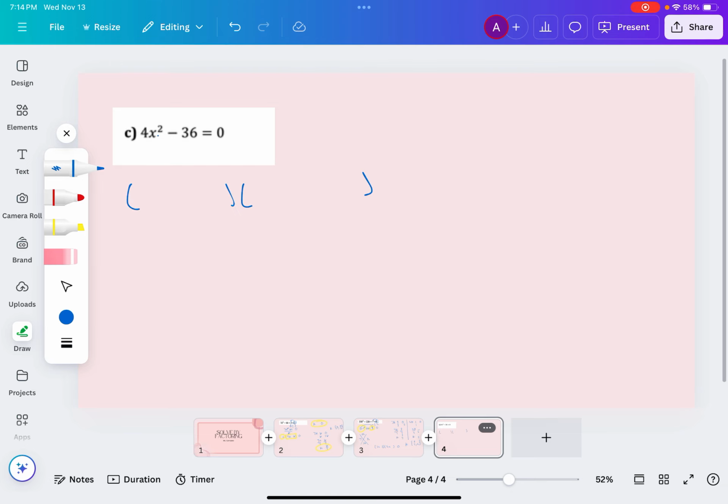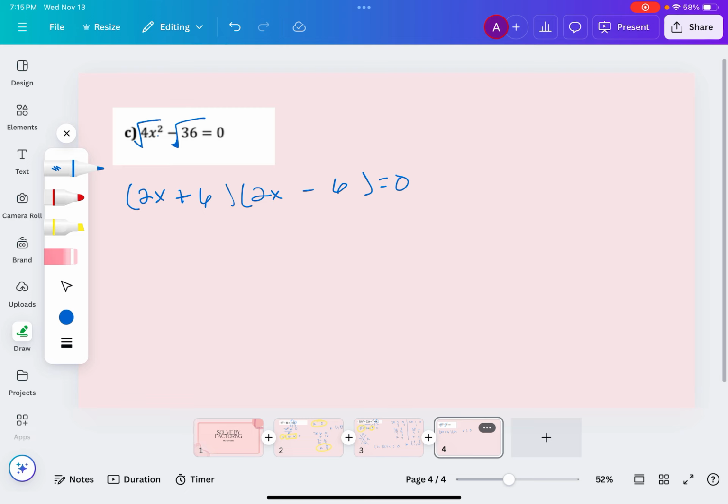So difference of squares, like so. So the square root of 4 is 2. So 2 here, a 2 there. Square root of x squared is an x and x. Square root of 36 is 6 and 6. Plus here minus here. Remember, this is equaling 0.